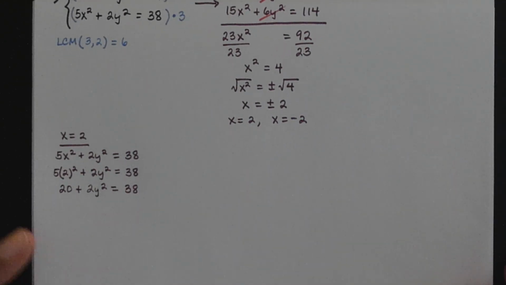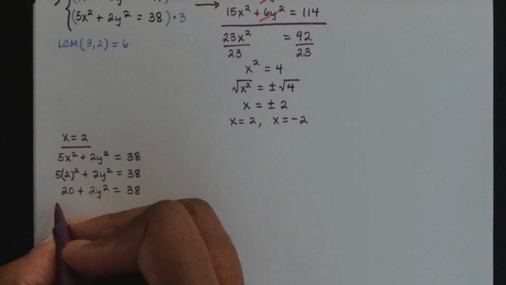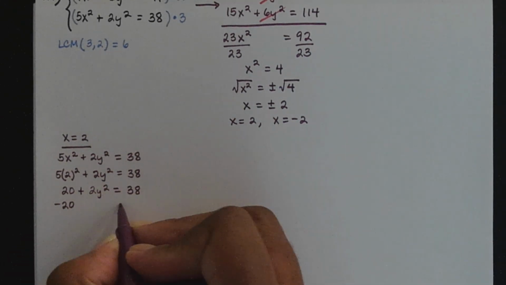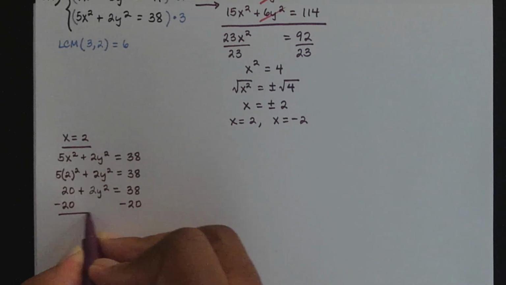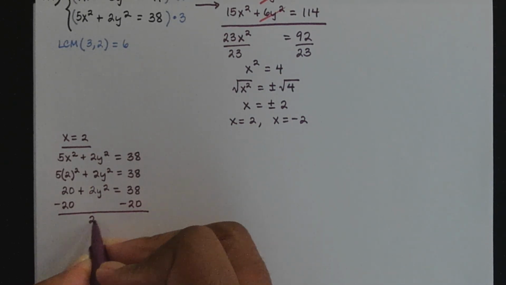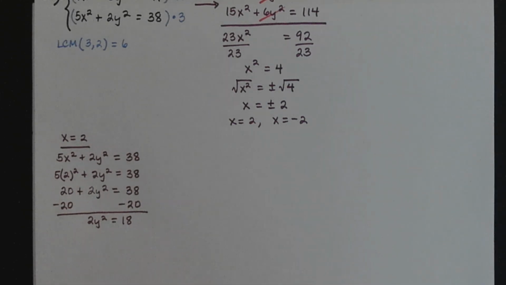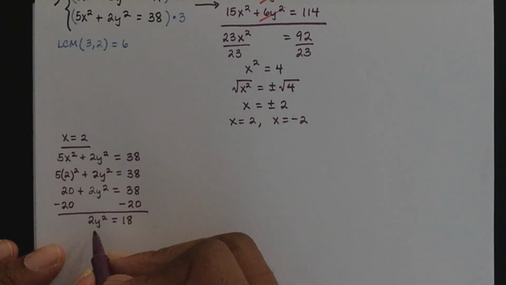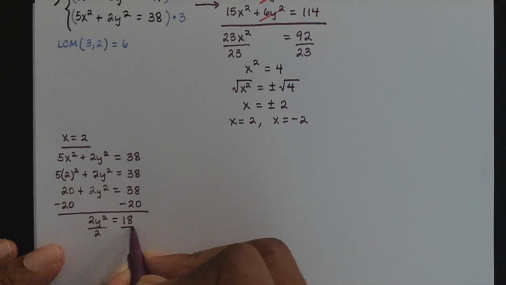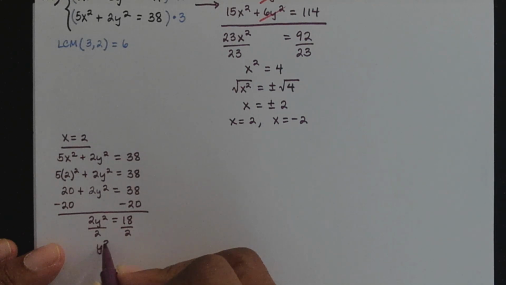And then to get that 2y squared by itself, I need to first subtract 20 on both sides. So that means I have 2y squared is equal to 18. Then divide both sides by 2. Y squared is equal to 9.